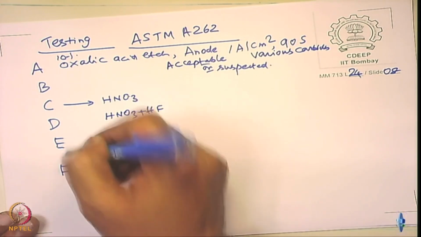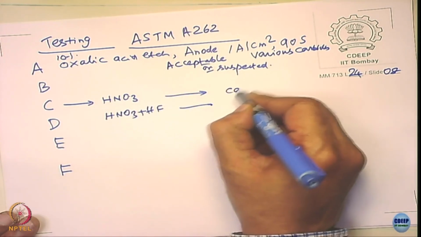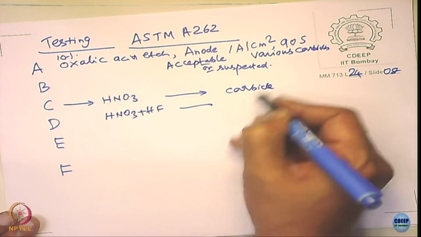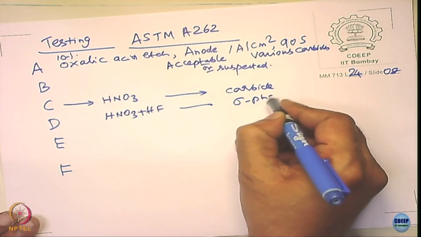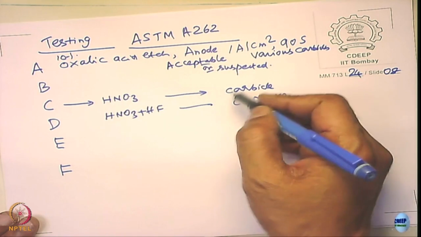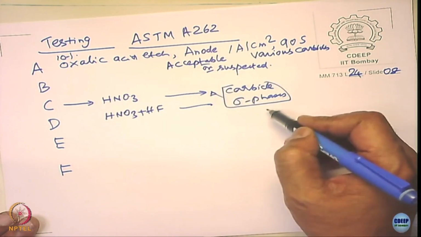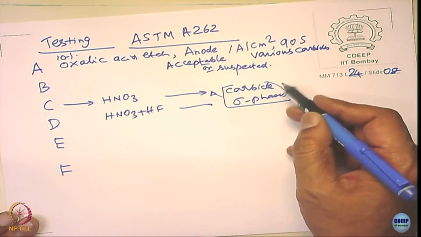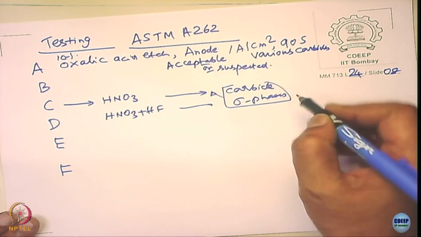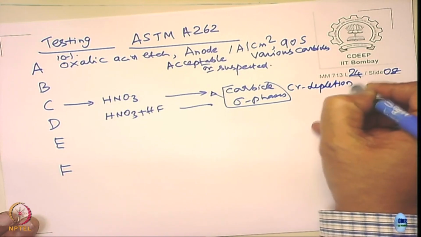So I want you to go through this, and these tests talk about carbides, they also talk about sigma phases, all kinds of things. So this is a very aggressive test, right, sigma phases and carbides and again chromium depletion region, that is the primary thing in all cases.